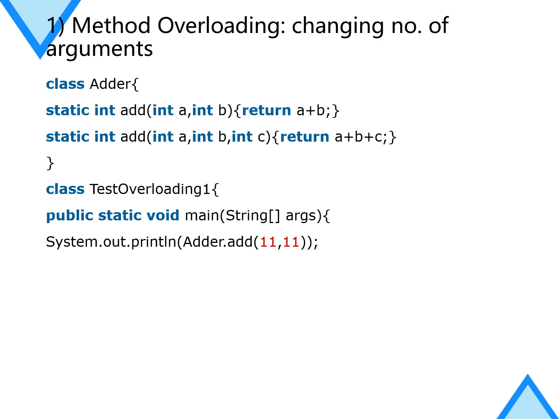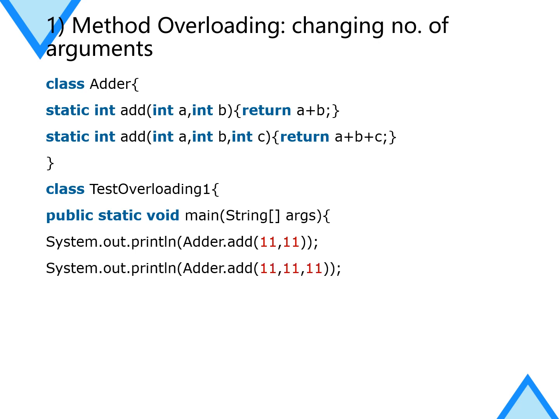Through Adder we call the add method, and we provide only two parameters, so it will match the first method and return the sum of the two numbers.